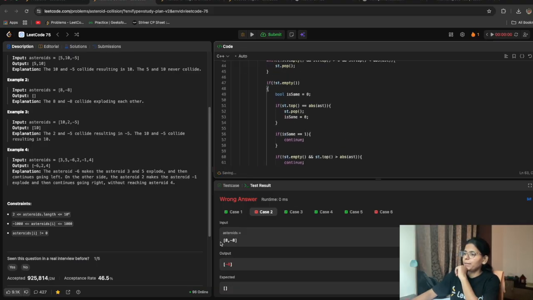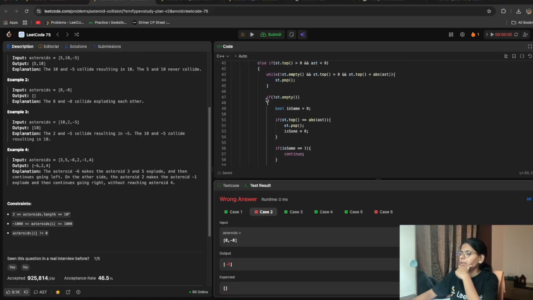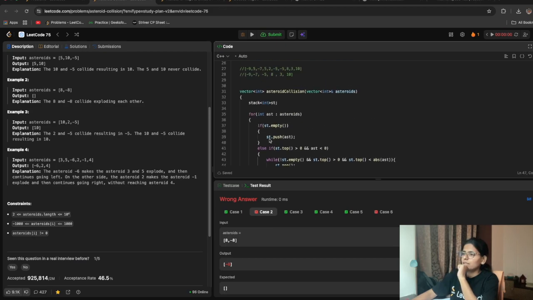For 8 and minus 8 it is not satisfying. 8 will come, we'll push it inside the stack. Then minus 8 will come.